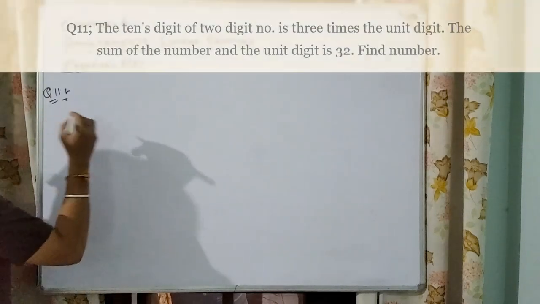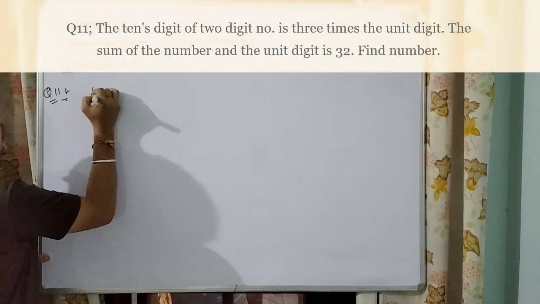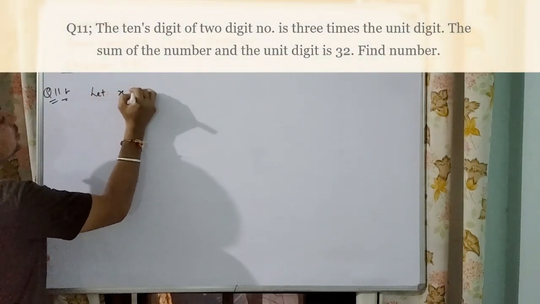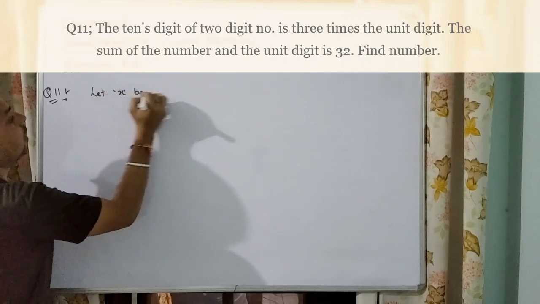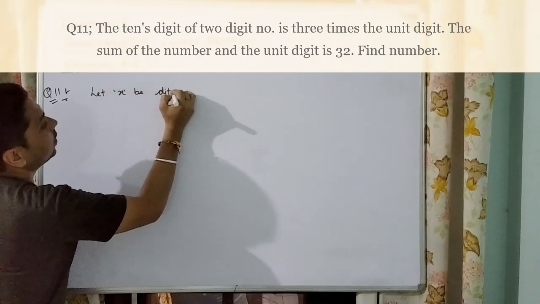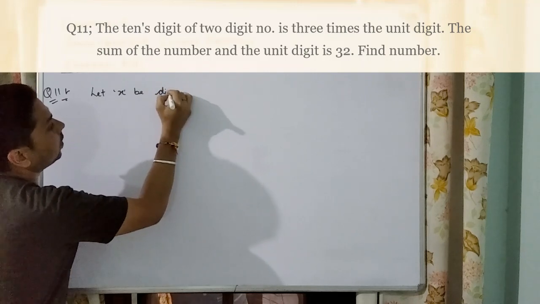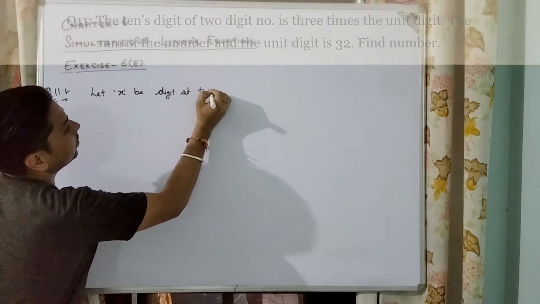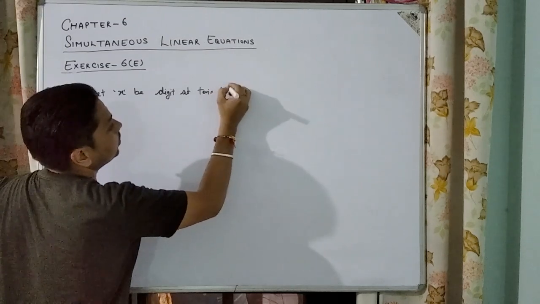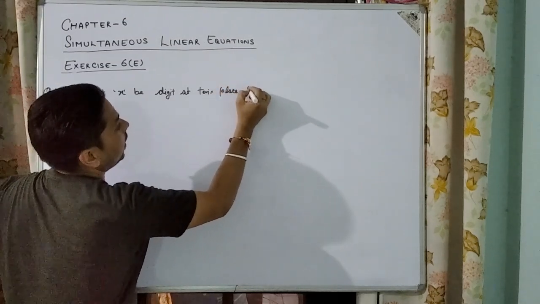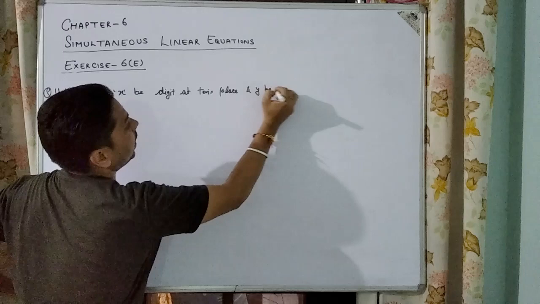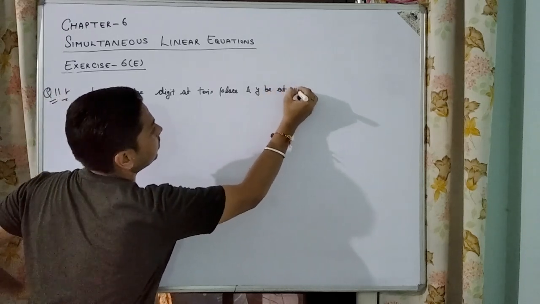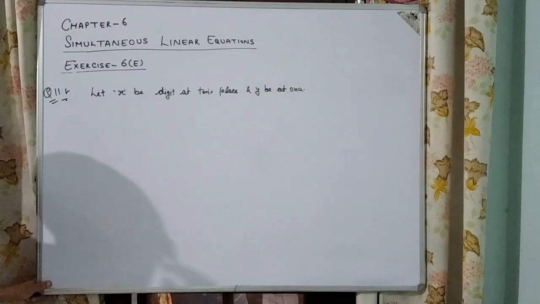Okay. Again we have, let x be the digit at the tens place and y be the digit at the ones place.